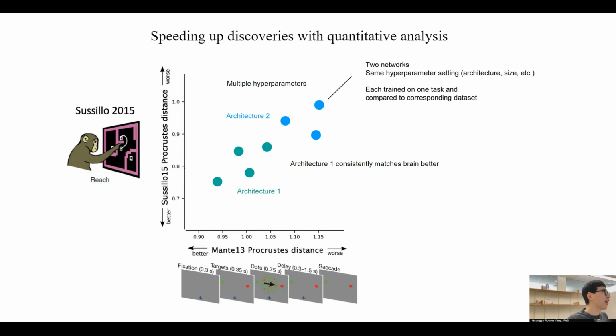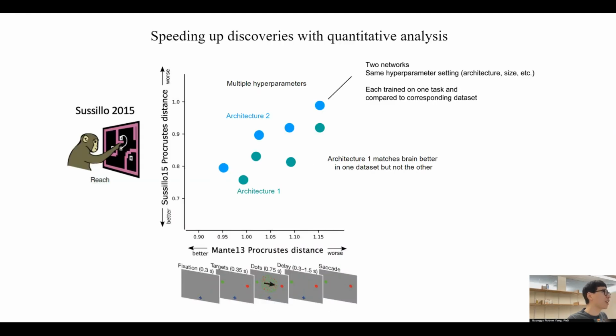Then finally, you can also color the dots differently, right? According to, let's say, the neural architecture or something else. And you could see that some architectures consistently outperform other architectures, or the architectures are similar, or one architecture is better than the other, but only for one data set, but not for the other.